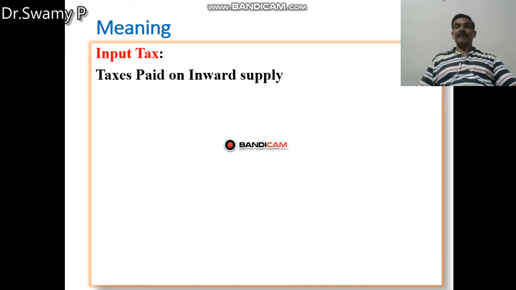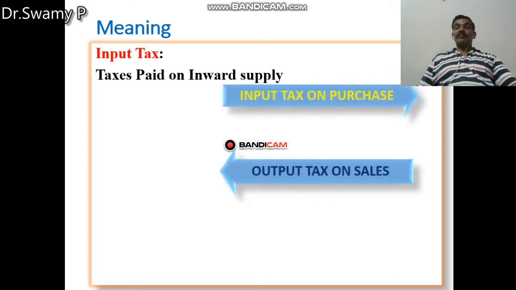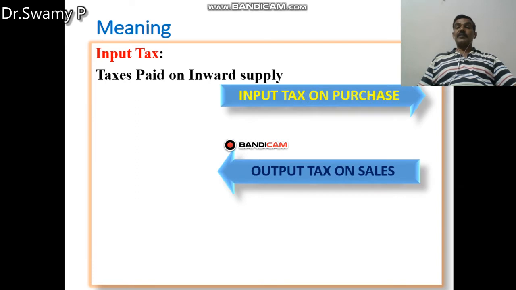That means when a registered person purchases the goods from another person, when he pays the tax on the goods purchased or services received, that tax is called input tax. That is a tax paid on inward supply. The inward supply is nothing but purchases. The outward supply is the sales.